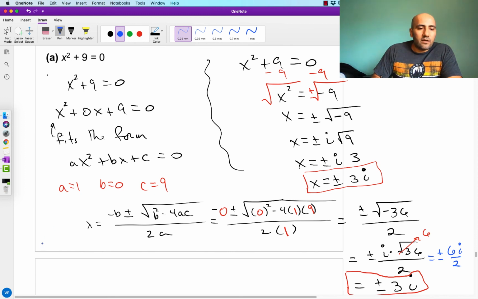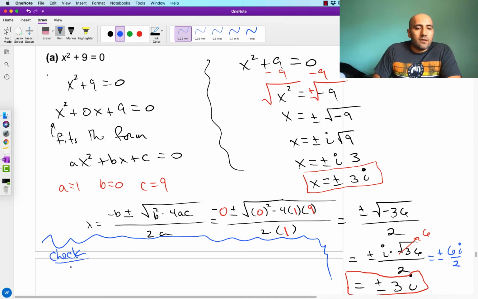Okay, so now let's check our work. Let's make sure that these are in fact good solutions. Check. So blank squared plus 9 must be 0. And so we think one of those answers is to put a 3i in here. 3i goes right in there. So what are we going to get?